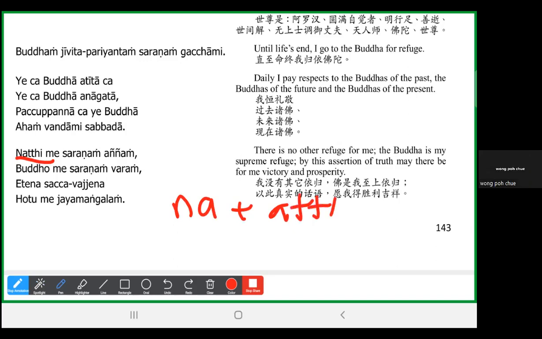There is no. Okay. There is no. Today you learned about atthi, right? Do you learn about atthi today? Yes. Okay. All right, so atthi means as plus ti. Okay, as and ti become atthi. Atthi plus na become natthi. Natthi is very easy. So there is no. So natthi is, when people ask you, do you have money, you say natthi. You have no money. Okay.